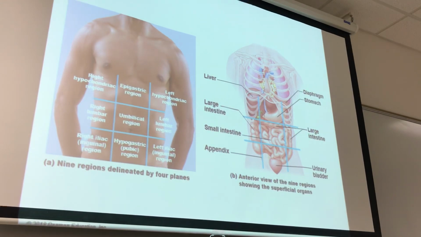We separate the abdominal cavity into 9 segments. So you want to study the 9 segments, and make sure that you know the organs that are contained within each of them.